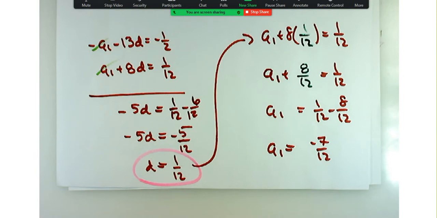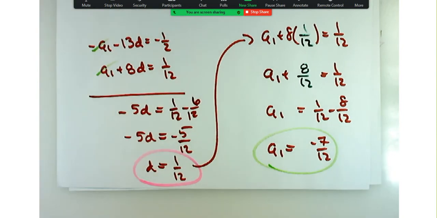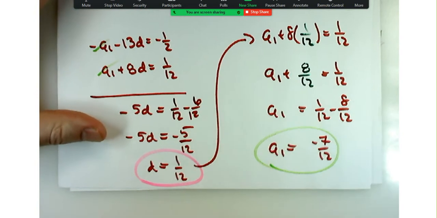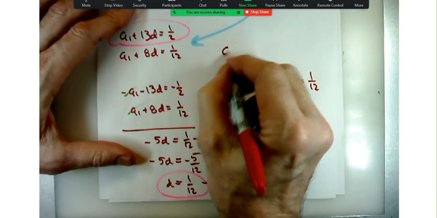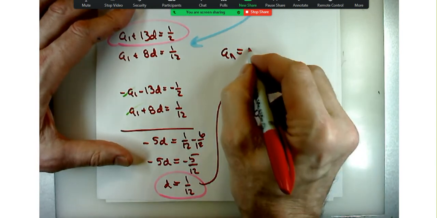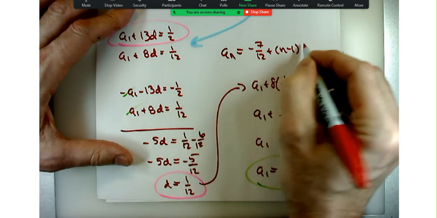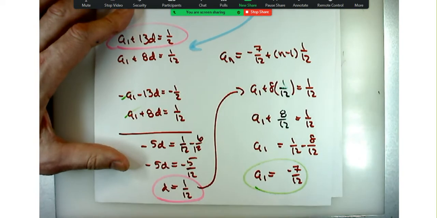We wanted d, and we wanted a sub 1. So overall, the general form of the terms in this sequence is -7/12 plus n minus 1 times 1/12. That's your final answer.